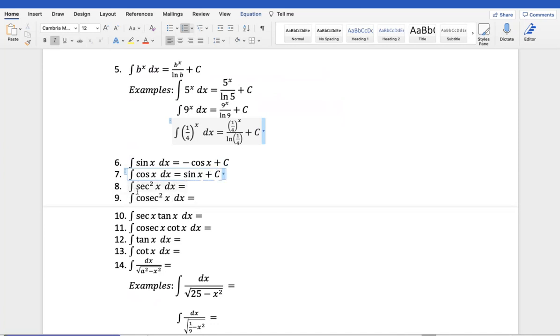The integral of sec squared x is just equal to tan x plus the constant of integration.